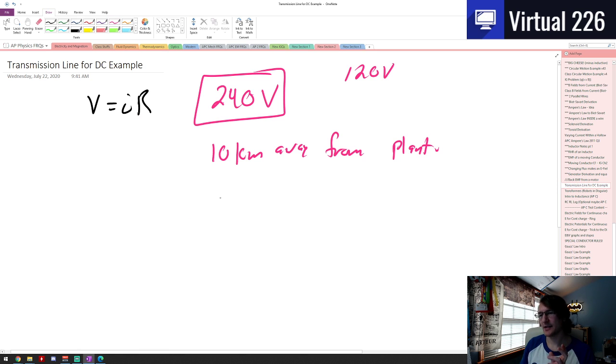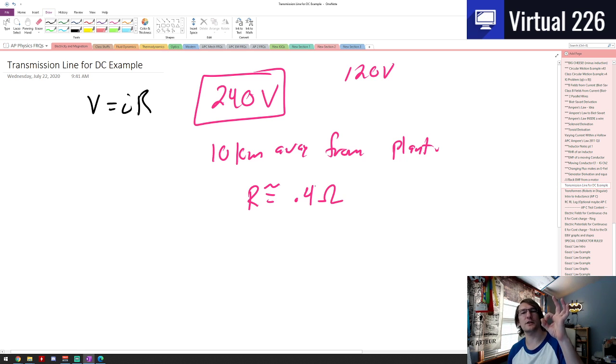Let's say that 10 kilometers of transmission lines has a resistance of about 0.4 ohms. We can make those transmission lines a little bit thicker. They're made out of nice copper, so they're very low resistance. Let's just call it 0.4 ohms. That's a very small amount, right? A 1 ohm resistor is more than that, and 1 ohm resistors are this big.